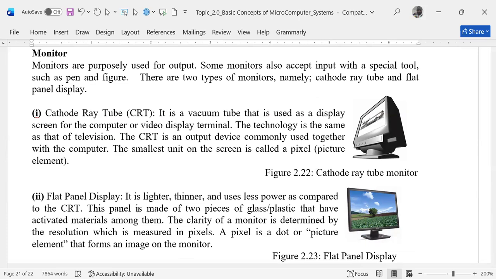The old type, this type of monitor consumes more space, more power, and the quality of the pictures cannot be compared to the flat panel display. It uses vacuum technology that displays your video, your text, or your data.